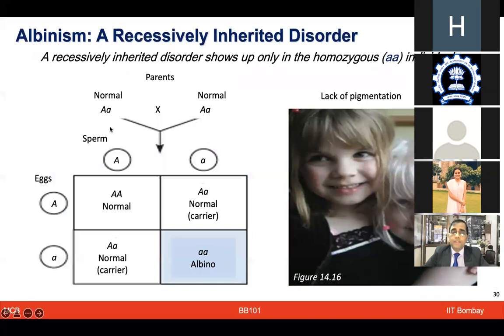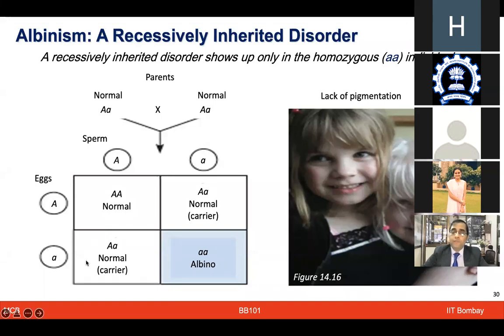Right. So in this case, they both appear normal, because they do not have the albino trait, but they are not capital A capital A, right? So they are not completely normal. They have this one recessive allele. So based on this, it is possible that 1 child out of 4, or a 25% probability, may be albino.